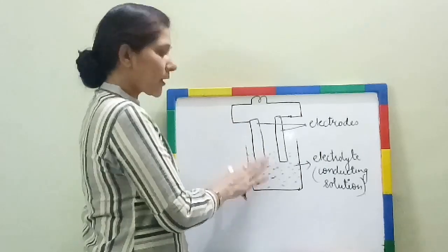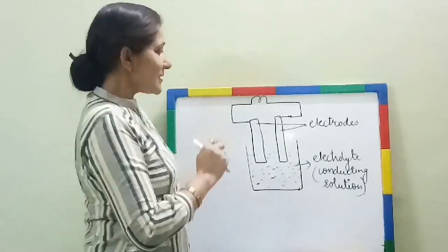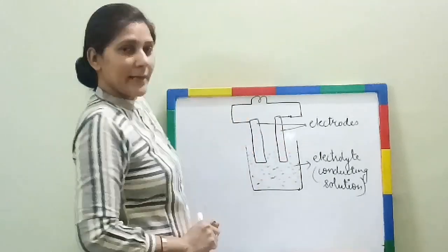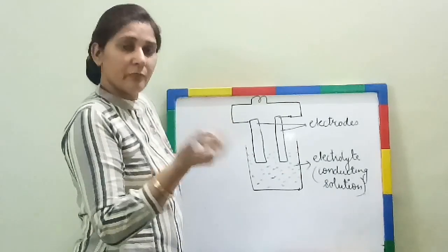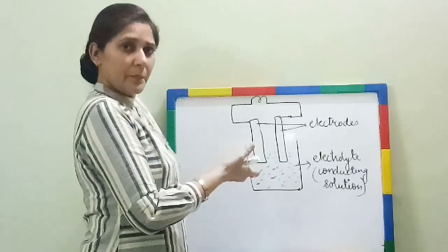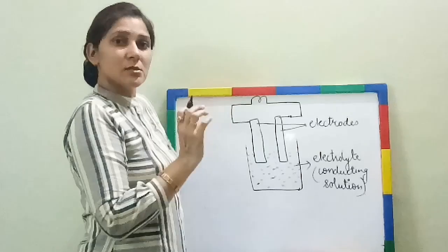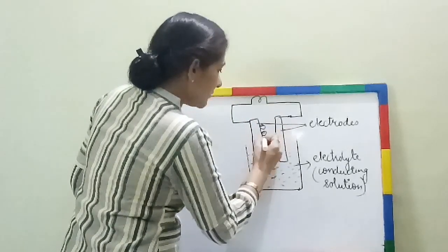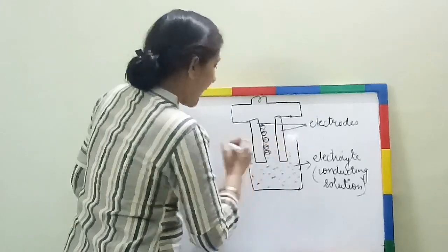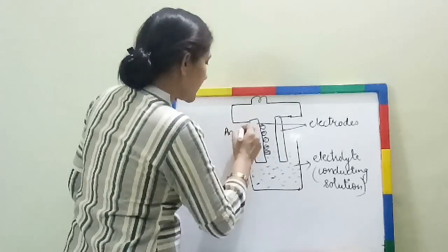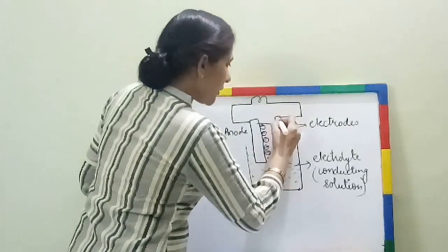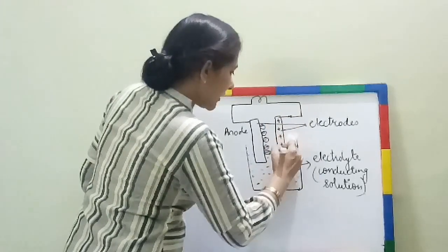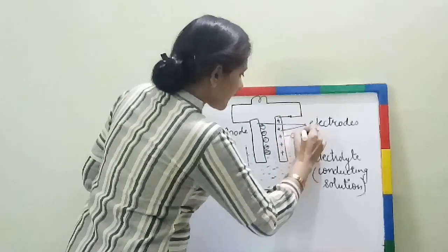For that we need to talk about the chemistry of the cell. As I told you, these two are working as electrodes. Electrodes are made up of metal pieces. आपने chemistry में भी पढ़ा होगा. On electrodes, the charges will start depositing. On one side, generally this side, the negative charge will deposit, and we say this is working as the anode. On the other side, the positive charge will deposit, and we consider it the cathode.